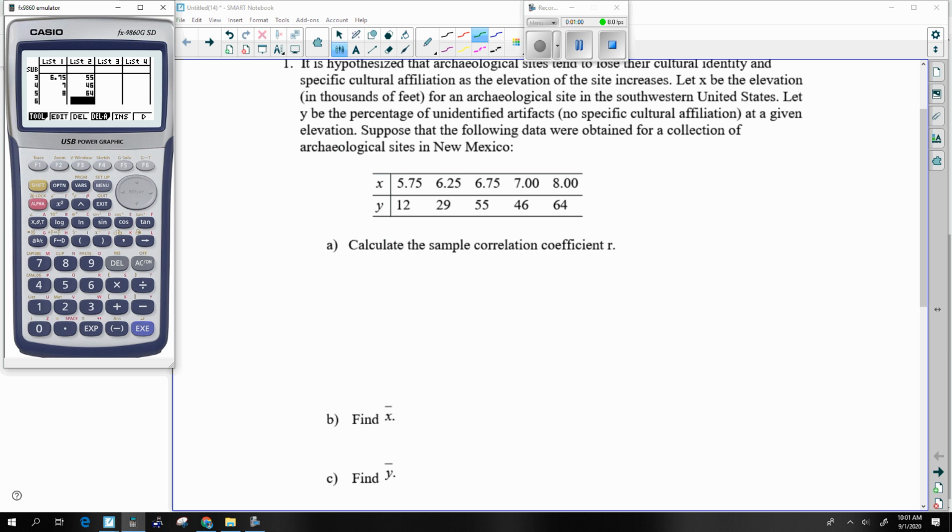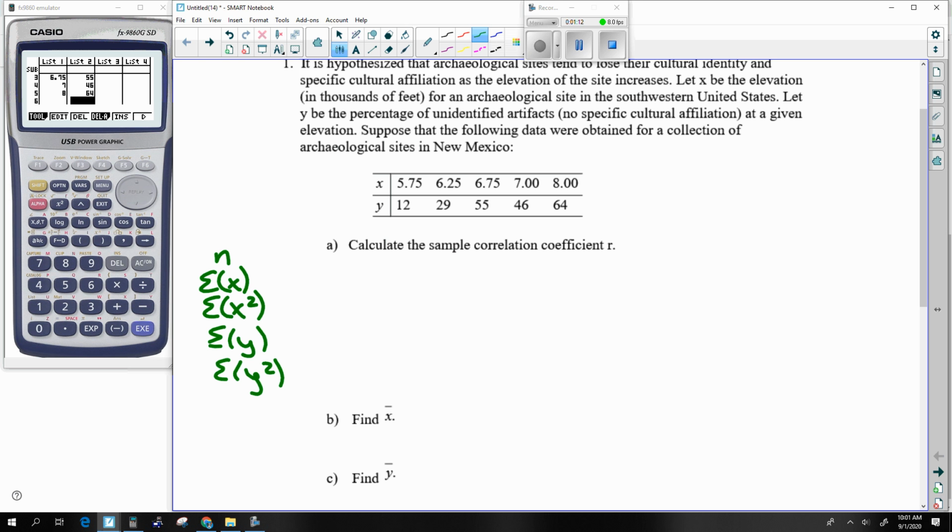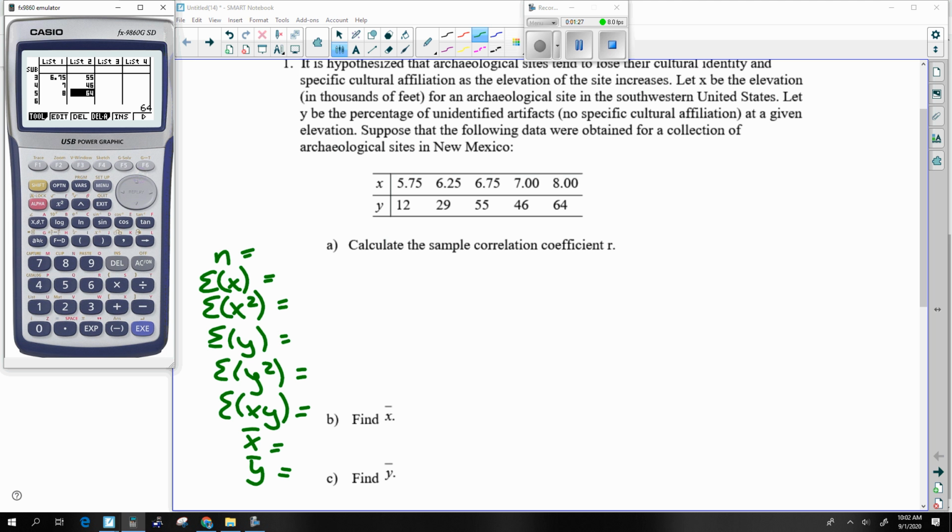All right, so we are going to construct our Christmas tree, which again is n, sum x squared, sum y squared, sum xy, x bar, y bar. I'll minimize all this in just a moment. It's just I'm forced to write large right now. All right, so the n I see is 5.